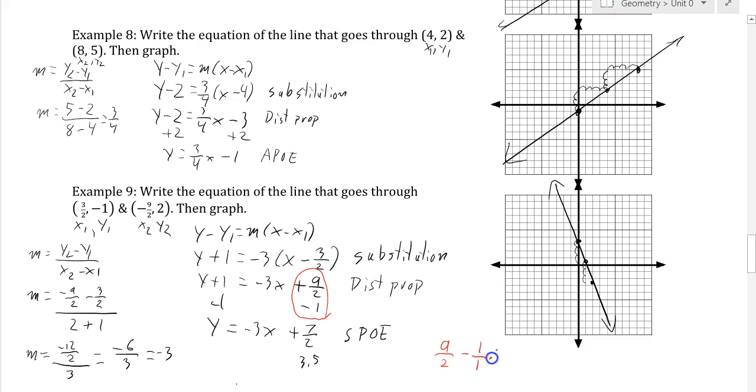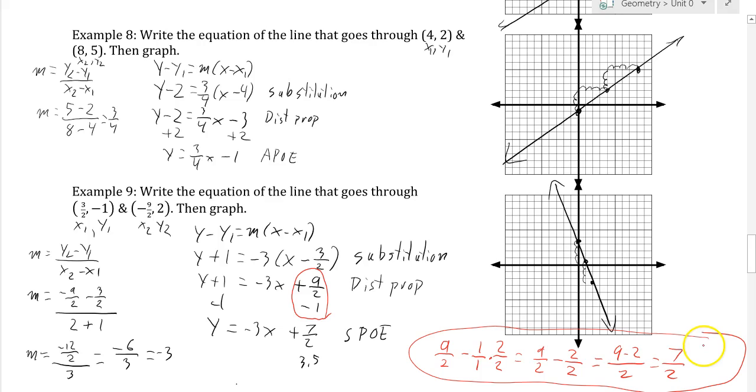I got to find my common denominators, so I'm making that 9/2 minus 2/2. 1 is 2/2. So I can subtract my tops over the common denominator. This is all scratch work off to the side. It's how you get what the number is, but it is not important to the problem whatsoever.